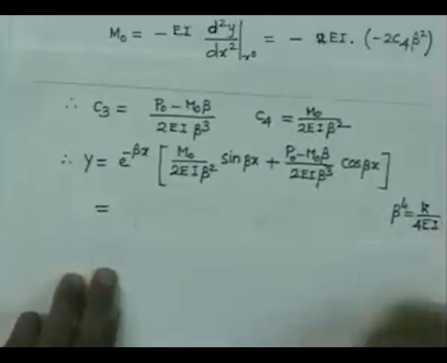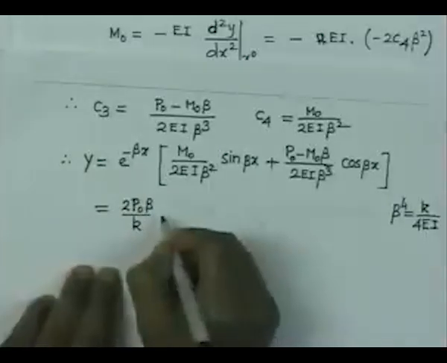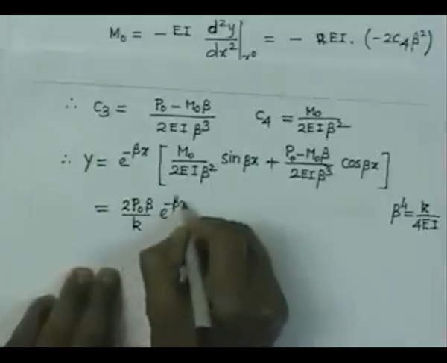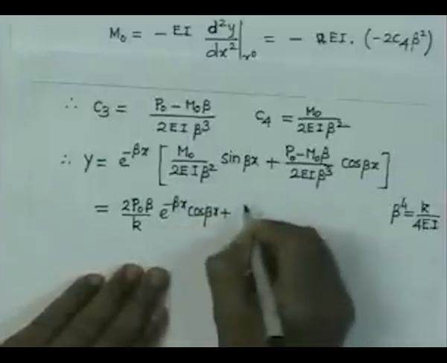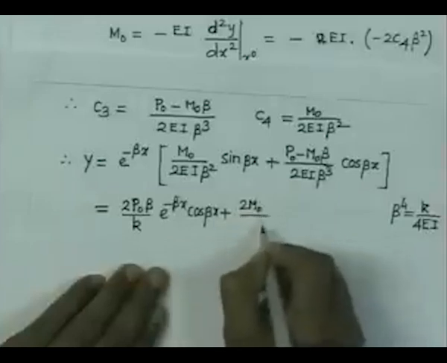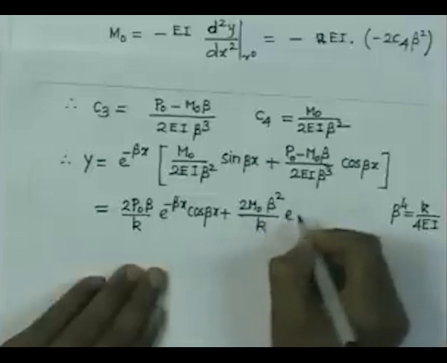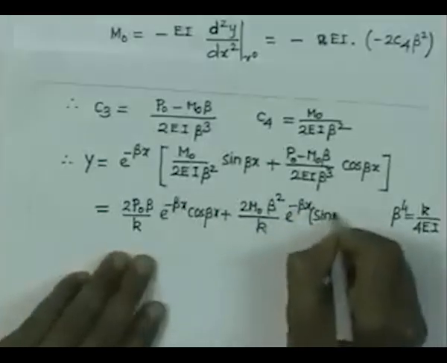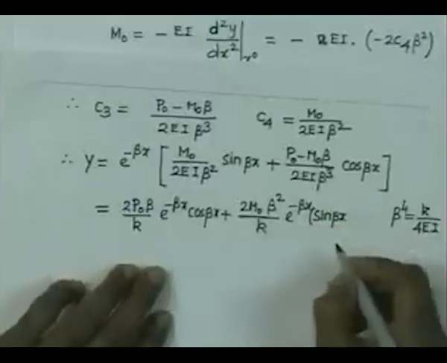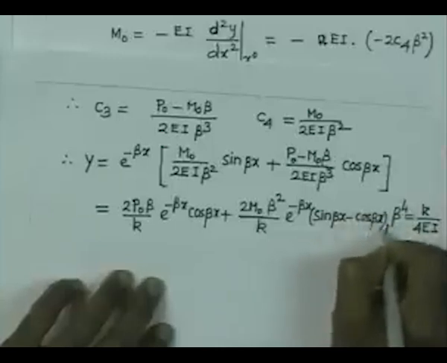So, if we make use of this, then we can write this y as twice P0 beta by k e to the power minus beta x cosine beta x plus twice M0 beta square by k e to the power minus beta x into sin beta x minus cosine beta x.